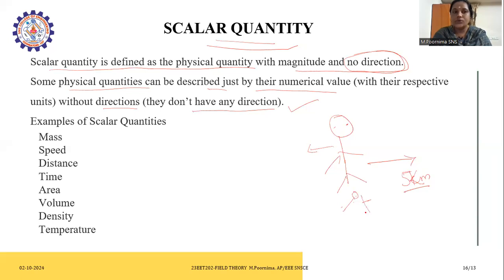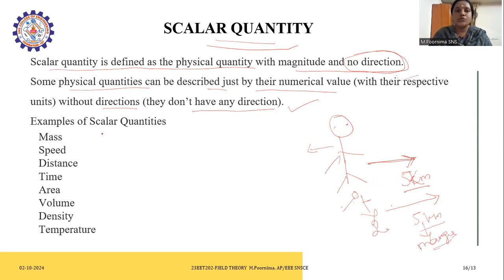Now he is static, standing in a place, and he is instructed to move 5 kilometers from his position. What is the magnitude here? The magnitude is the movement. He is static and moves 5 kilometers from his rest position. So here the magnitude is 5 kilometers, but we don't have the direction.